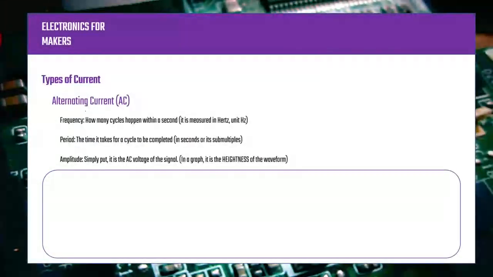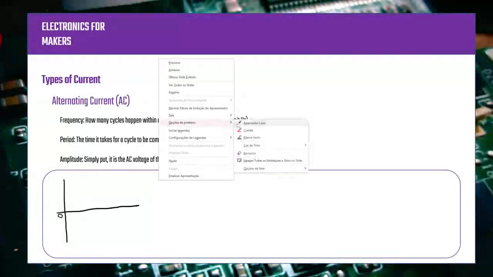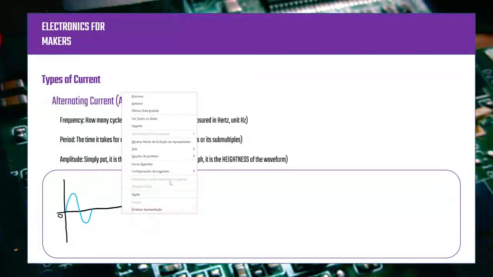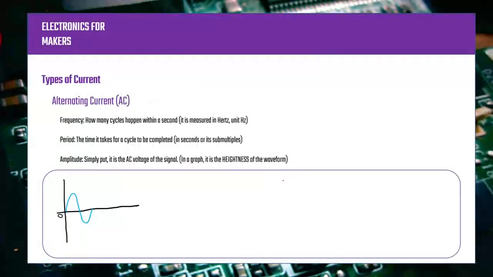And here we have the same definitions as before. The only one we haven't seen yet is amplitude. Whenever you see the word amplitude, I'm talking about the height of the wave. So if we have this wave right here, and we have another wave, now a red wave.